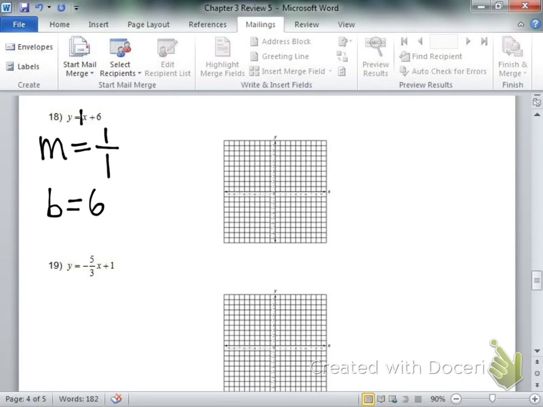Go up 6, put a point. From that 6, what are you going to do? We're going up 1, right 1. They're both positives. Positives are up and right. Very good. I'll give you a second to catch up.